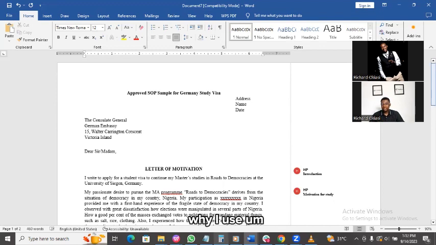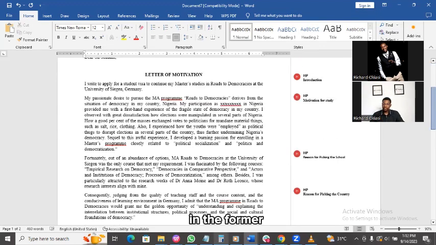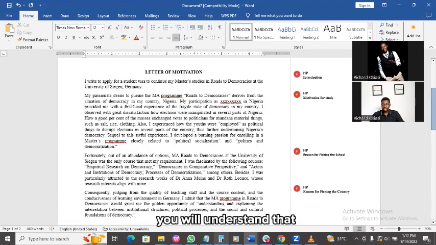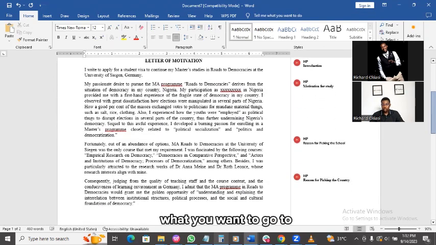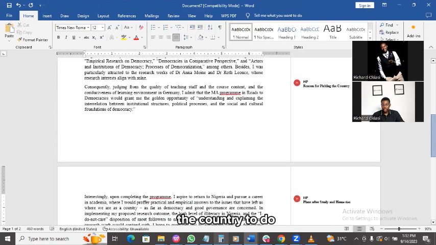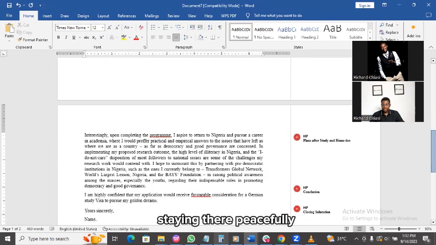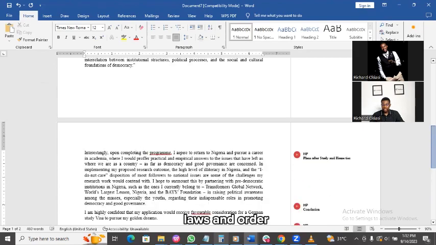The reason why I use a simple one like this is because I want people to also know that it's not just about how long it is, it's about how well you're able to communicate. And if you follow the outline I gave in the former quick answer, and then look at what has been done here, you would understand that you stand a chance. So far, you can communicate effectively what you want to go to the country to do and how you plan on staying there peacefully without breaking their laws and all that.